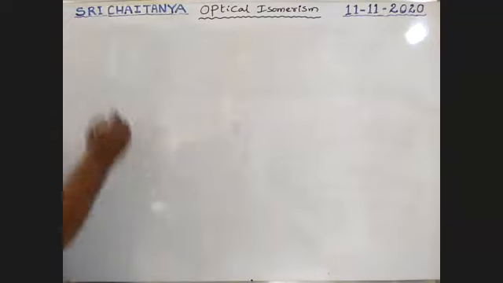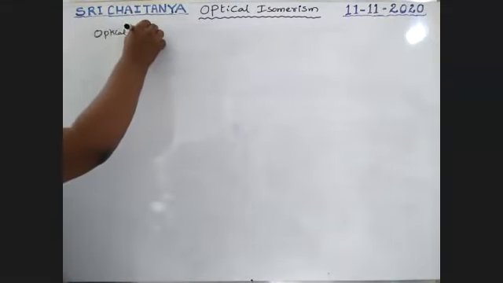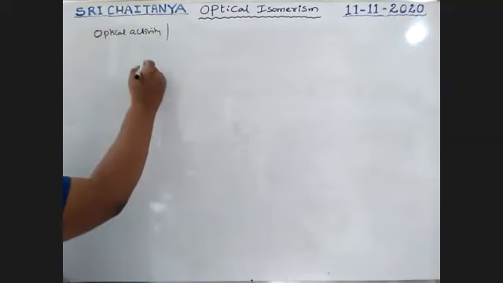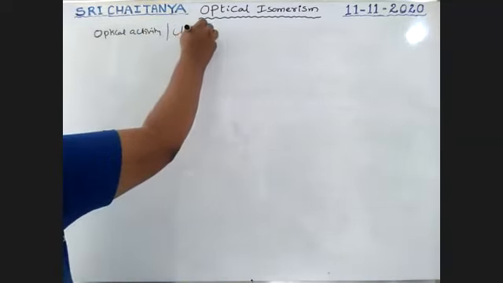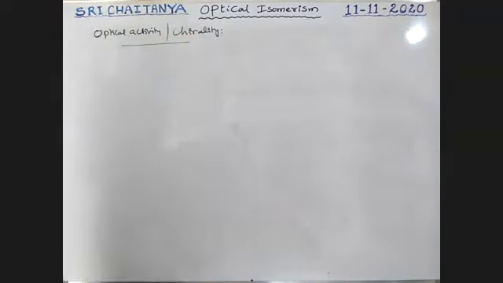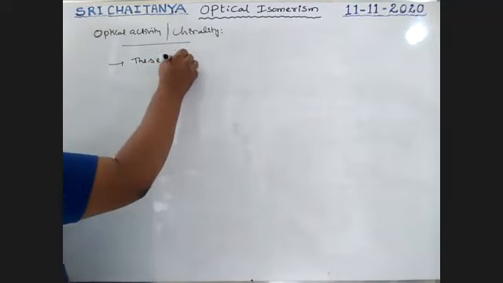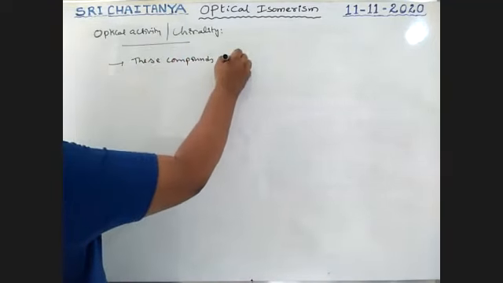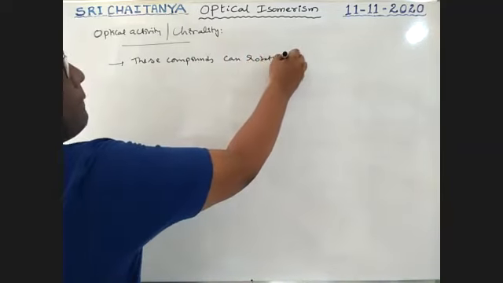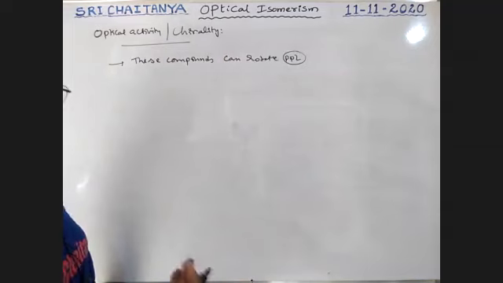That is optical activity or chirality, boys. These compounds can rotate plane polarized light, either in a clockwise direction or anti-clockwise direction, whatever it may be.